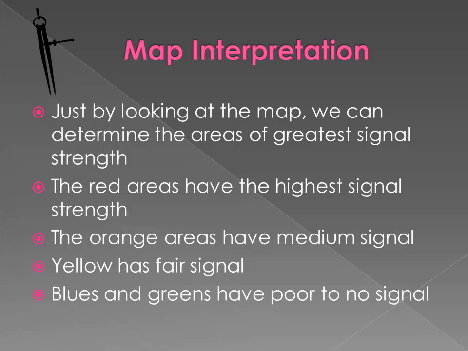Yellow has fair signal, and your blues and greens are going to have poor to no signal. These will be your trouble spots where people are having problematic signal connections. They're not able to connect, or they get dropped while doing something on the network, which of course can be major if they're working on a project, compiling a report, or submitting files.